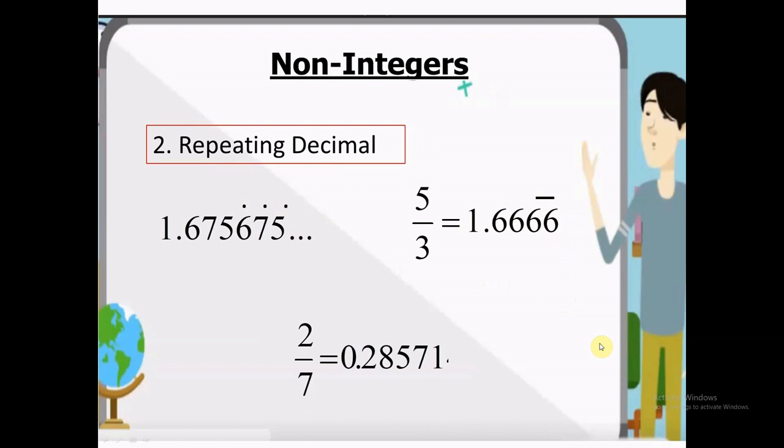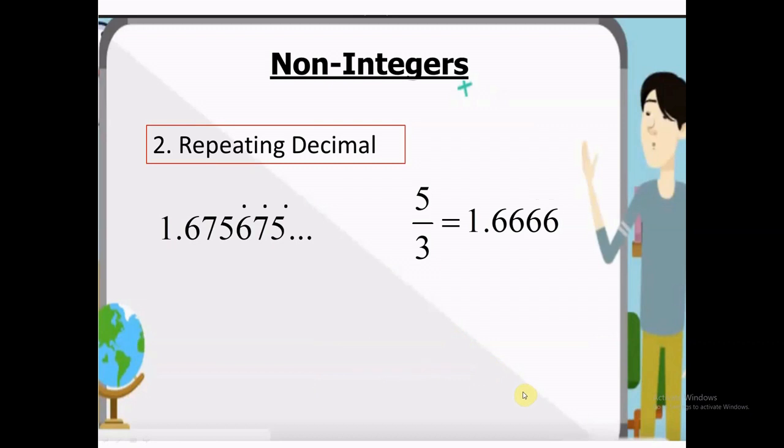2/7. In decimal form, it is 0.28574. Actually, it's 4. There's a 4 here. So it repeats this set of numbers: 285714, and so on.